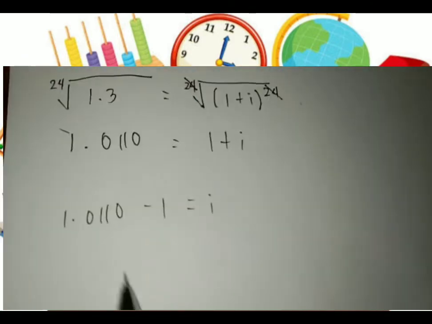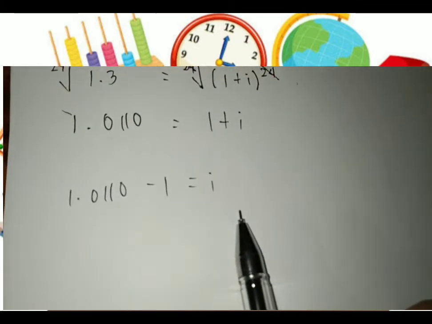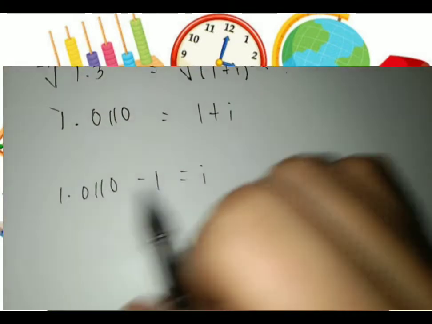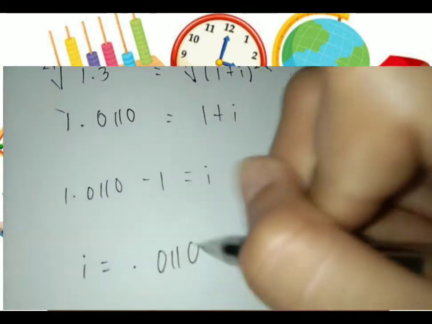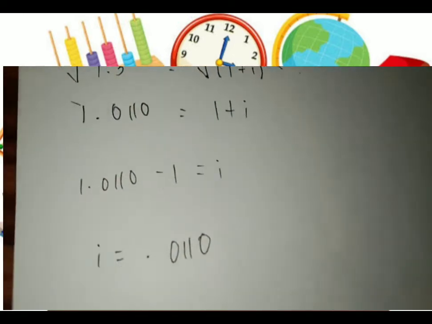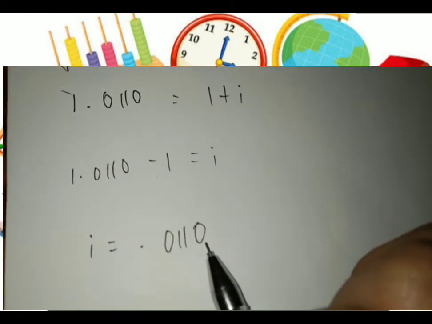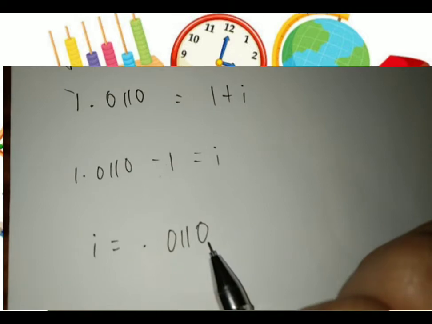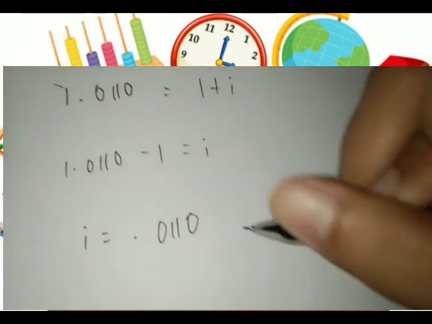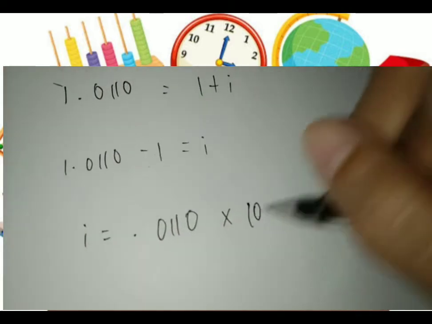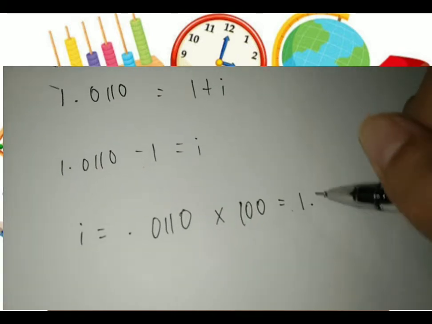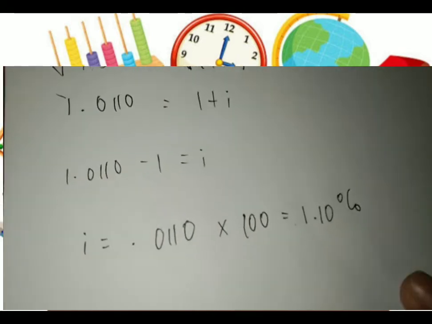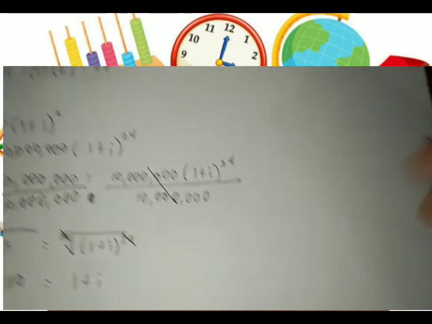We subtract it first, so i is equal to 0.0110. We are going to convert it to a percentage, so we multiply it by 100. The answer is 1.10%.